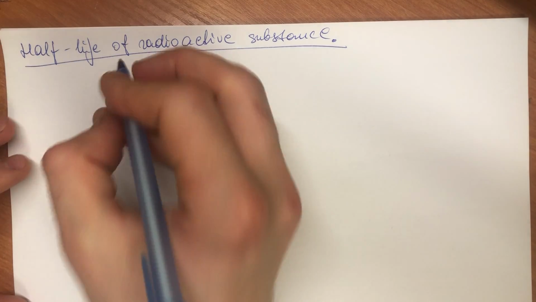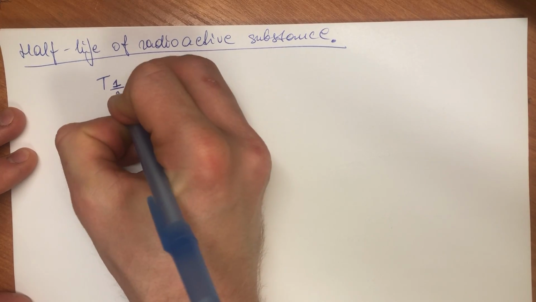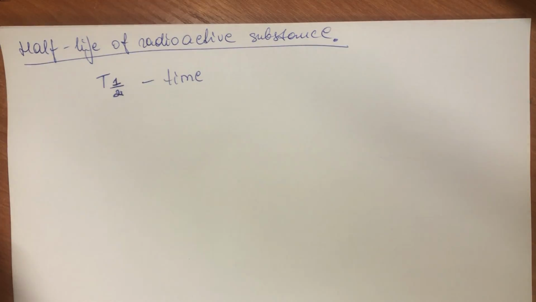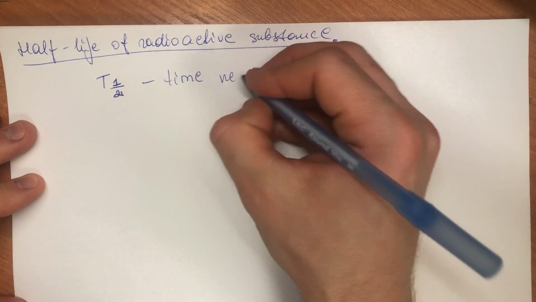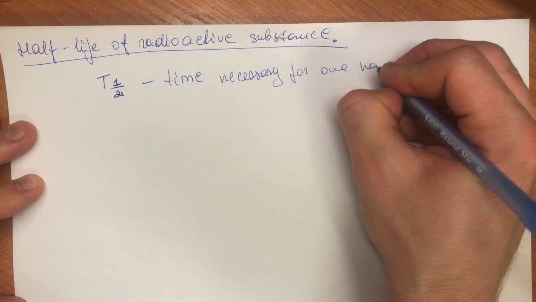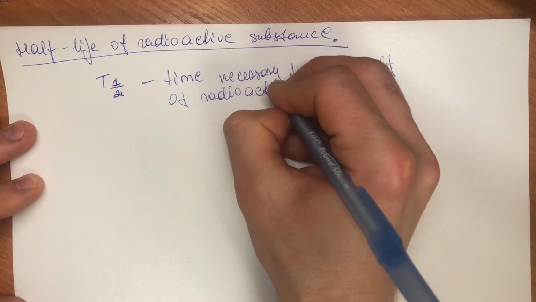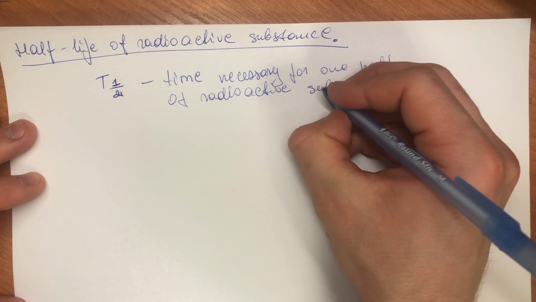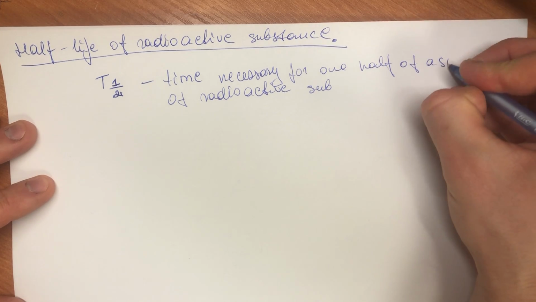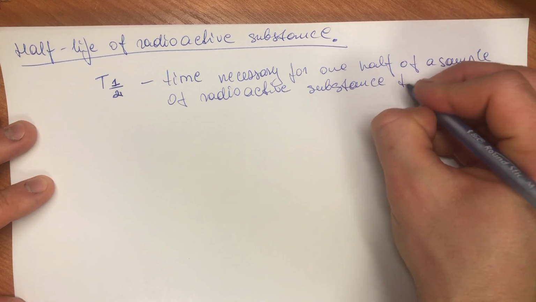Half-life is written like this: T. It is the time necessary for one half of a sample of radioactive substance to decay.